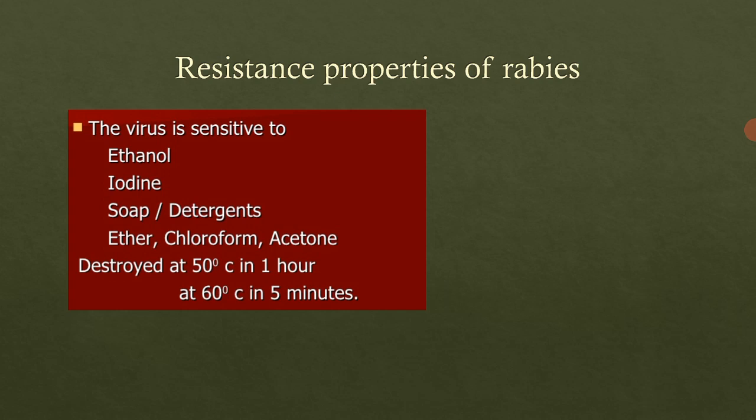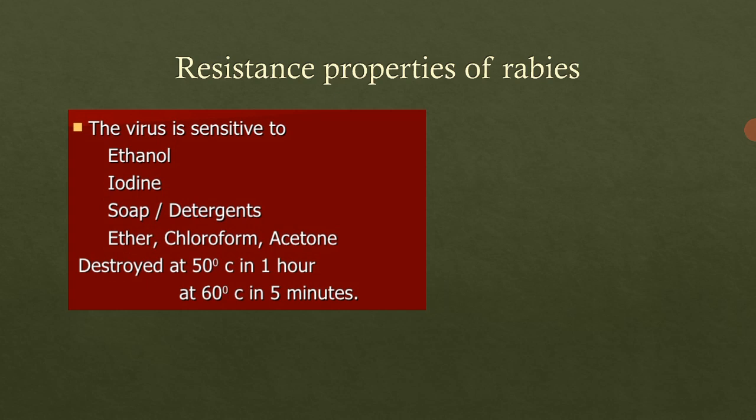The vaccine contains 5% sheep brain tissue containing viruses, right? So the viruses get inactivated with the help of this BPL, beta propiolactone.